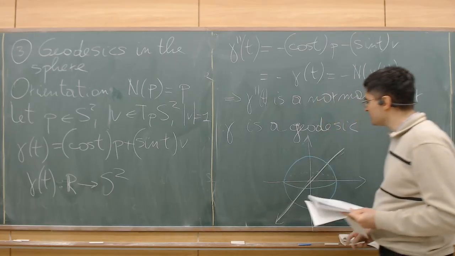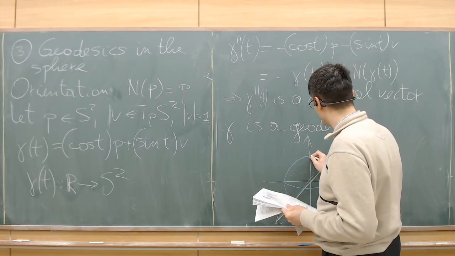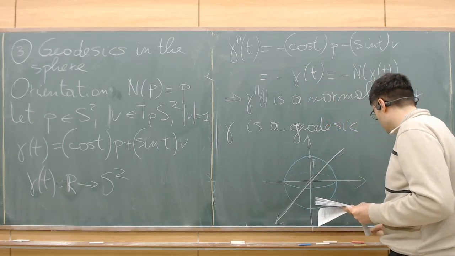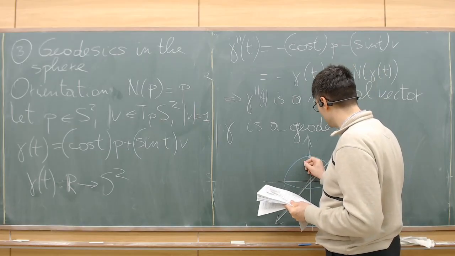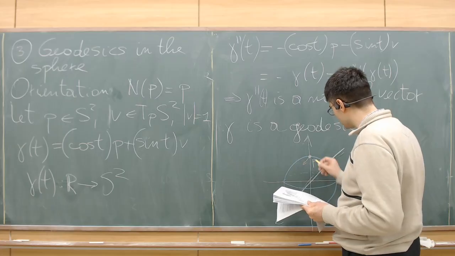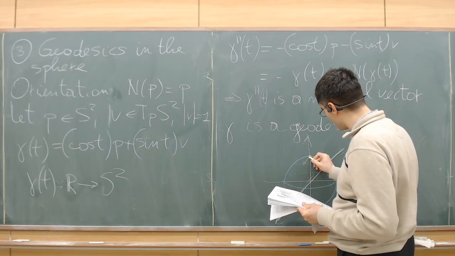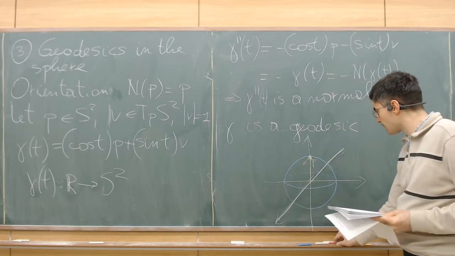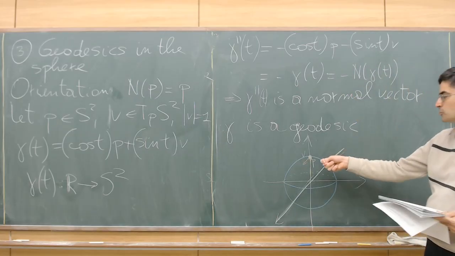Suppose that P is, for example, this point, and V is this vector, orthogonal to the blackboard.